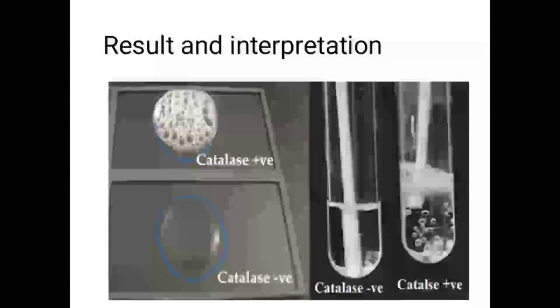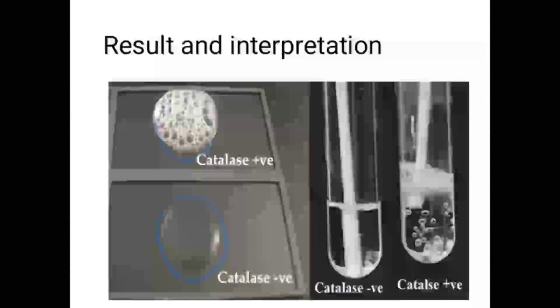Here you can see two images, the slide method and the tube method. When catalase positive, there will be oxygen bubble production, and when catalase negative, there will be no production of oxygen bubbles. In the tube method, for catalase negative we have no bubbles in the tube, and for catalase positive we see bubbles in the tube.